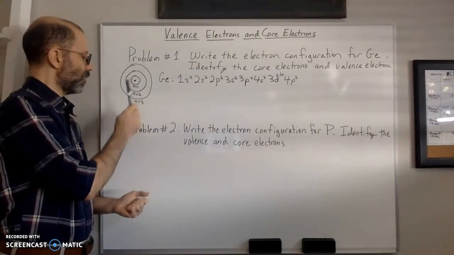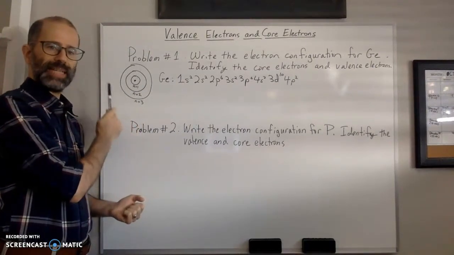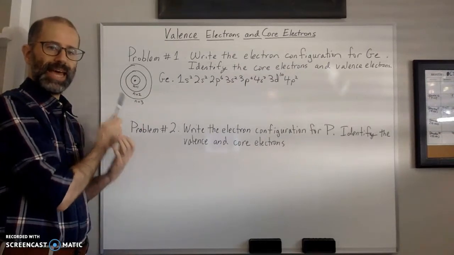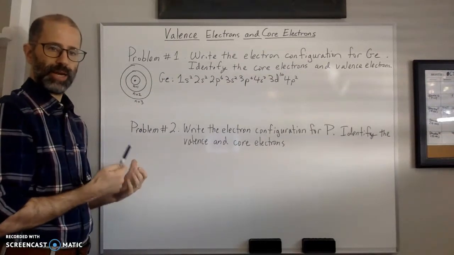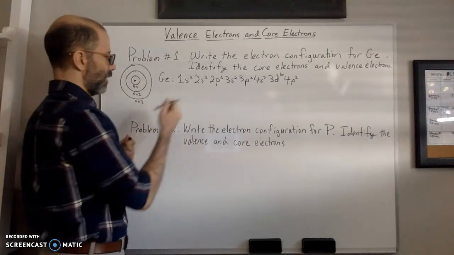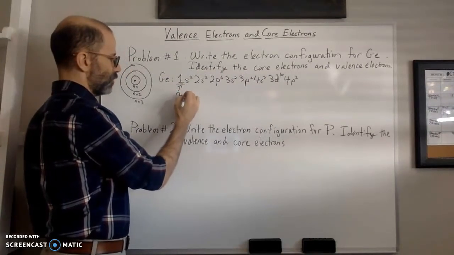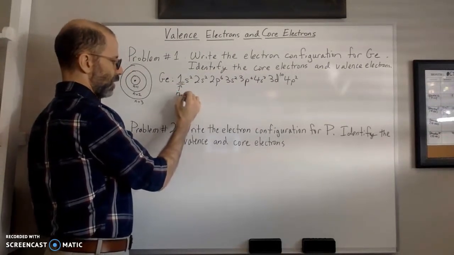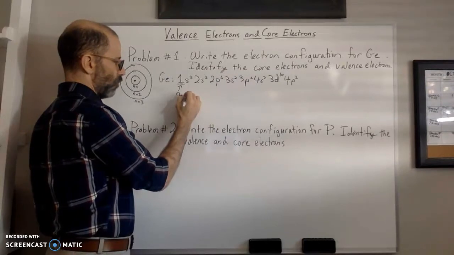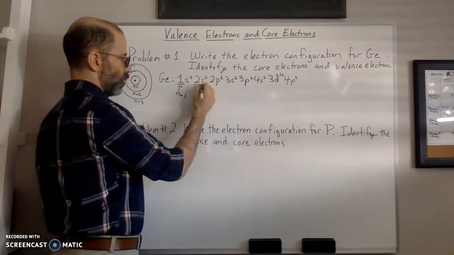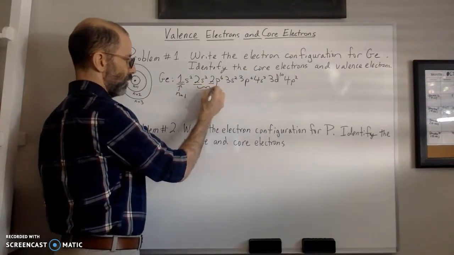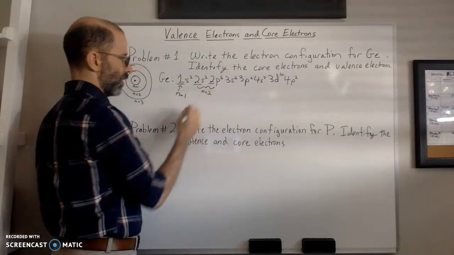So the valence electrons are going to be identified by the n number that is the largest, right? And so we remember that the number in front of your letter, that's your n value. That's the principal quantum energy level, right? So n equals 1 here. So for these two, n is equal to 2, and so on.